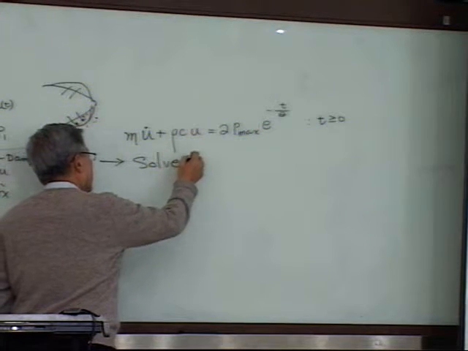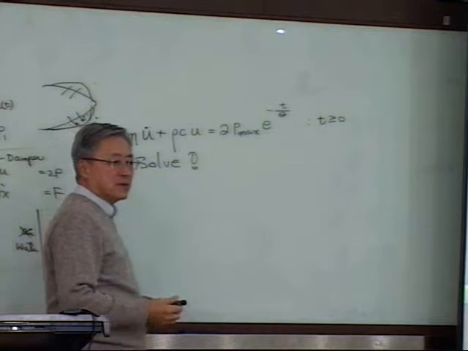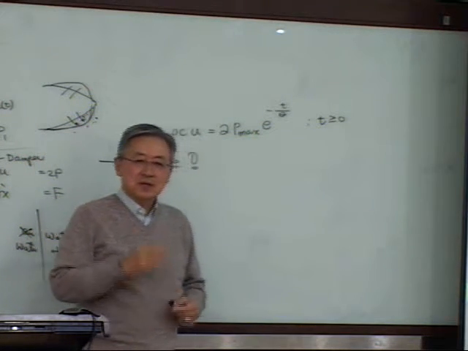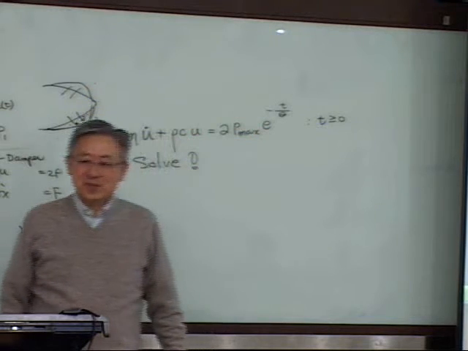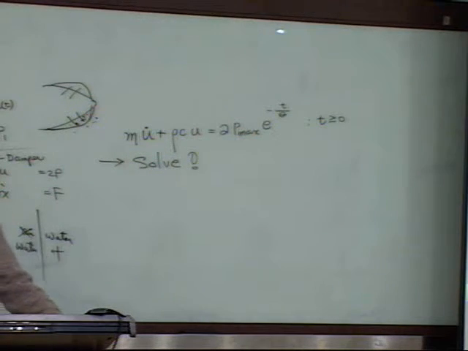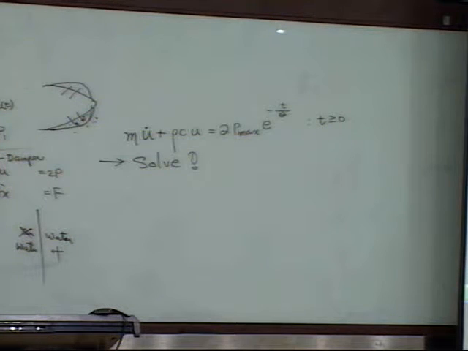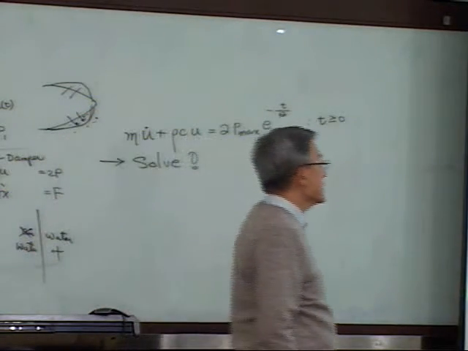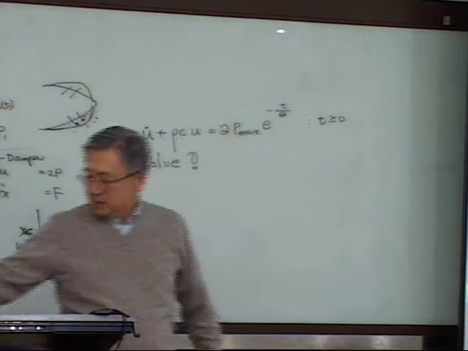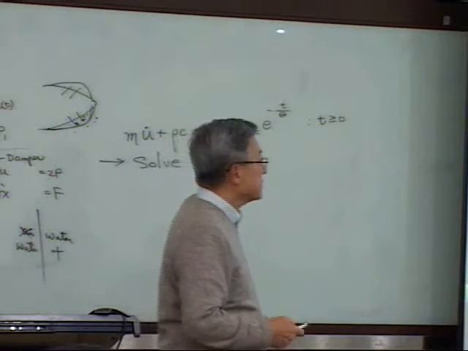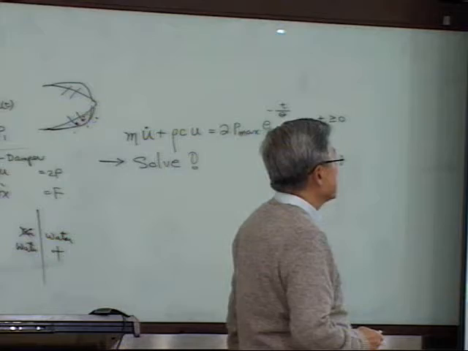A first-order ordinary differential equation should take less than 15 minutes. I want you to solve it based on what I explained over here, practice at home, and submit next Monday.